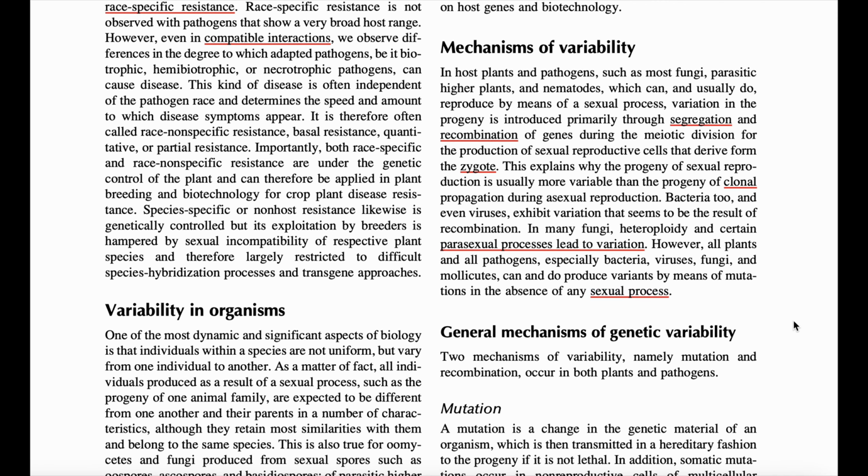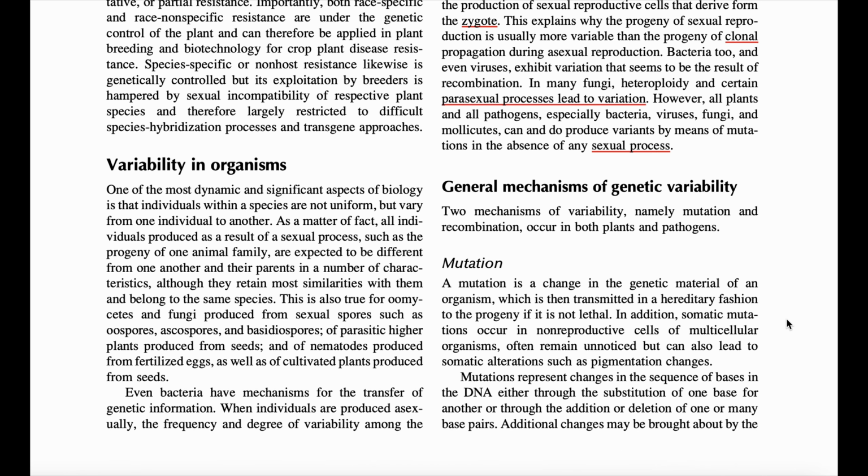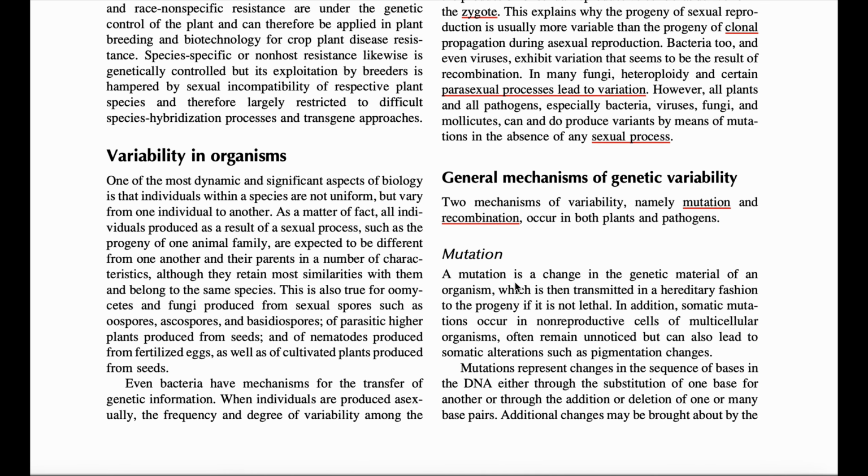Now we will check a few of the general mechanisms of genetic variability, starting with mutation. So we normally see two mechanisms of variability, one mutation and the second recombination, occurring in both plants and pathogens. In mutation, what is it?